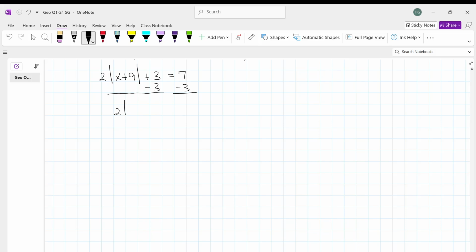So 2 times the absolute value of x plus 9 is equal to 4. And then divide both sides by 2. So the absolute value of x plus 9 is equal to 2.